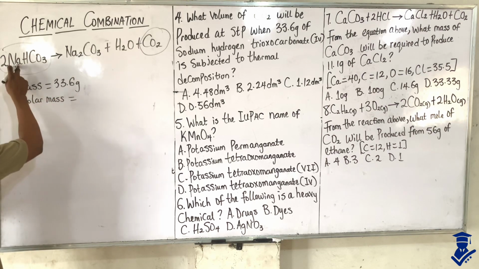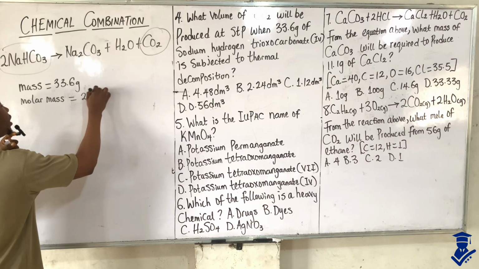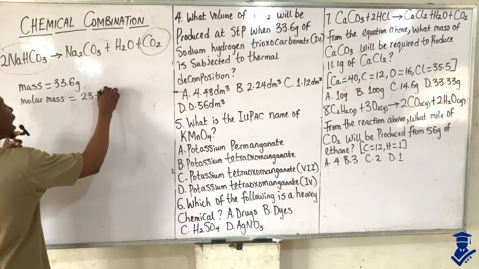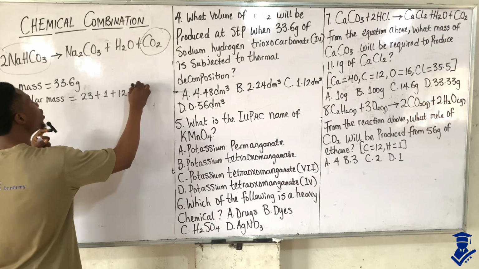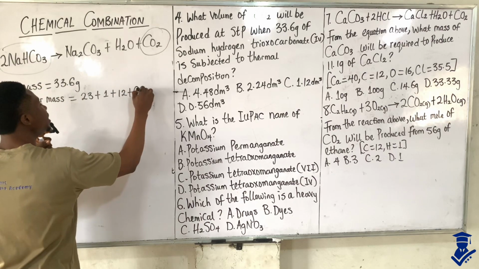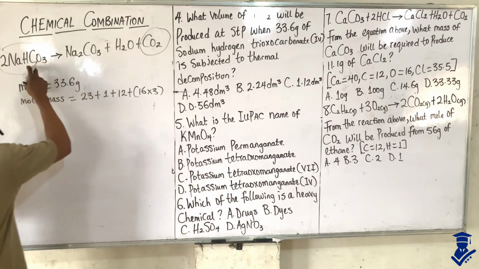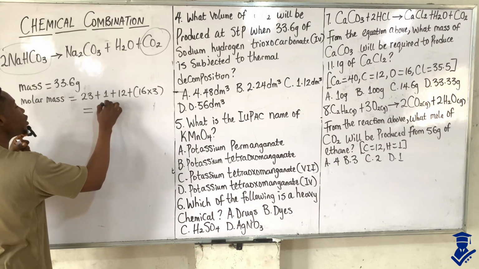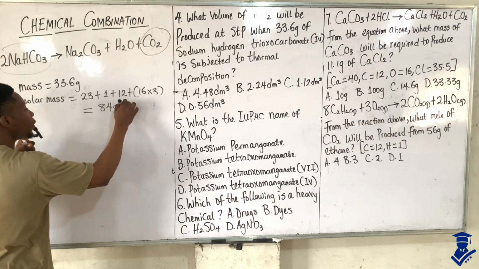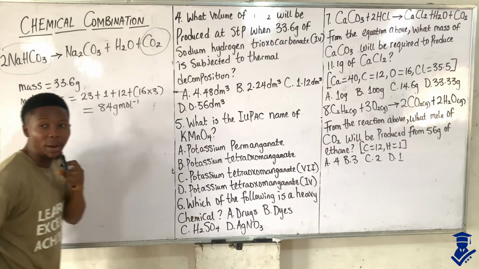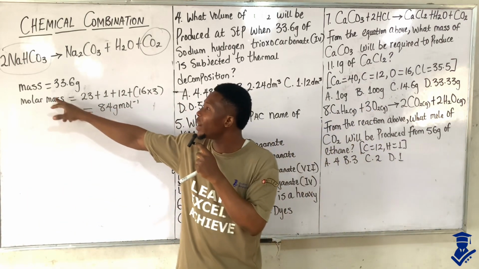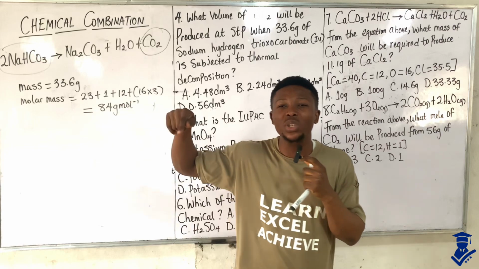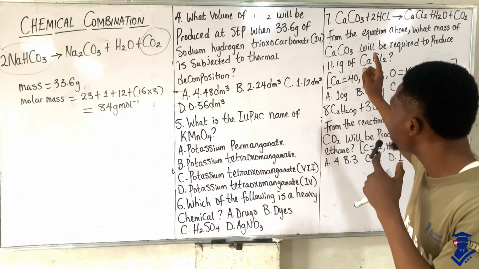Sodium is 23, plus hydrogen has a molar mass of 1, carbon 12, plus oxygen, 16 times 3 atoms of it. All of this is going to give us 84 grams per mole. So this is the molar mass of sodium hydrogen trioxocarbonate IV.